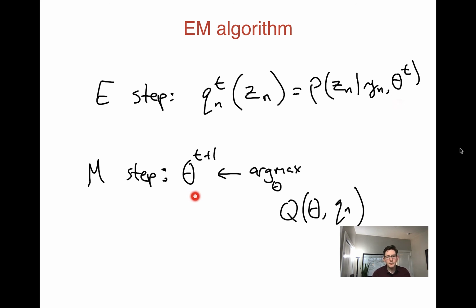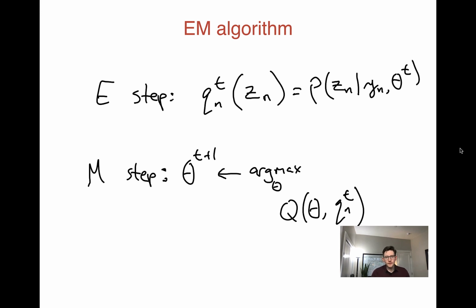And then the M step, the second step, is to figure out what is theta t plus 1 by maximizing Q with respect to theta. And then we repeat using t plus 1 here.